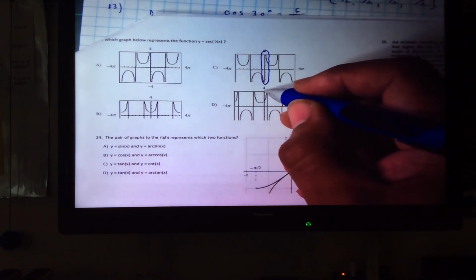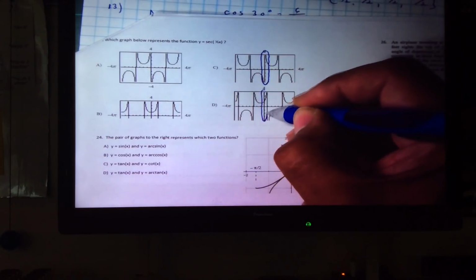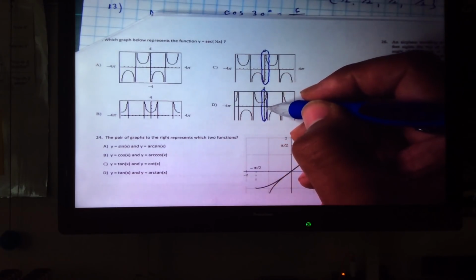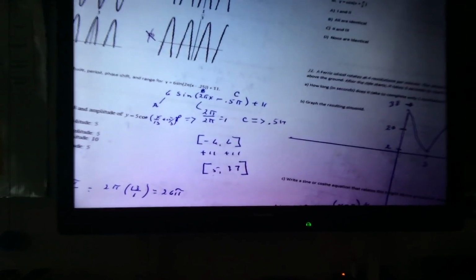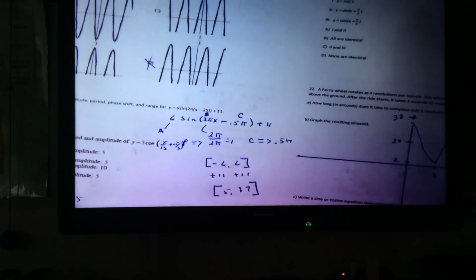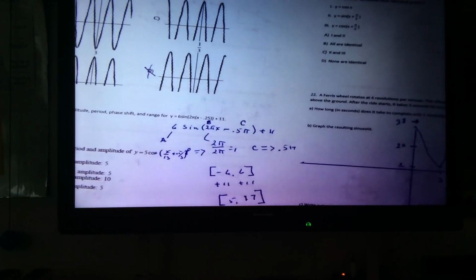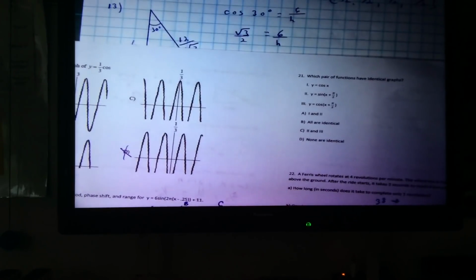So that was going to be 1 and 3? For number 21? Well, I'm not sure what the answer was. It was 1 and 2, I think. You can put it in the calculator just like it is, and you'll see that cosine makes the line. And then when you go to number 2, plug that in, it goes over it.